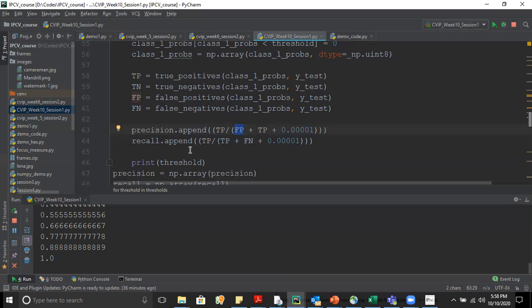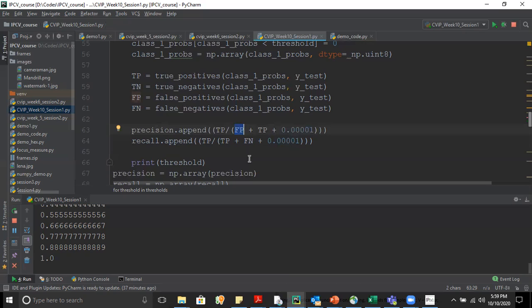So let's look at recall now. Recall is true positives by true positives plus false negatives. False negatives means there are a few patient records which actually have breast cancer, but are incorrectly classified as not having breast cancer. Those all come under false negatives. So true positives plus false negatives gives me the total number of positive examples which are actually there in my test set.